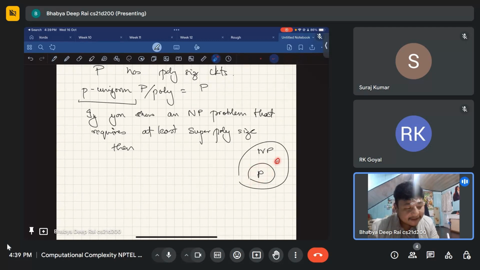So how can it be that P is equal to NP? It cannot be. So this is a way to show that P is not equal to NP.